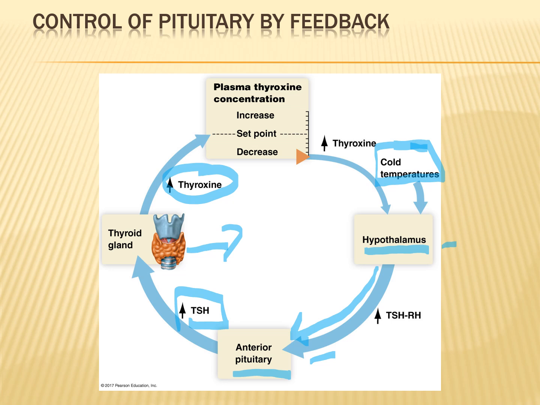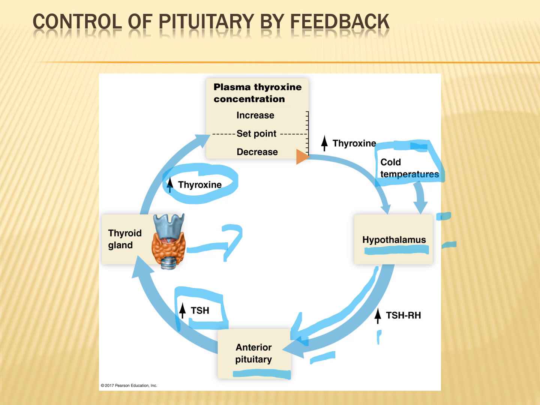If you have too much thyroid hormone, your metabolic rate can be too high. If you have too little, your metabolic rate can be too low. So there are conditions associated both with excessive production of thyroid hormone and inadequate production of thyroid hormone. Once the thyroid hormone is released, it causes body temperature to return to normal. That's going to be detected by the hypothalamus, which says, okay, we don't need any more thyroid hormone.